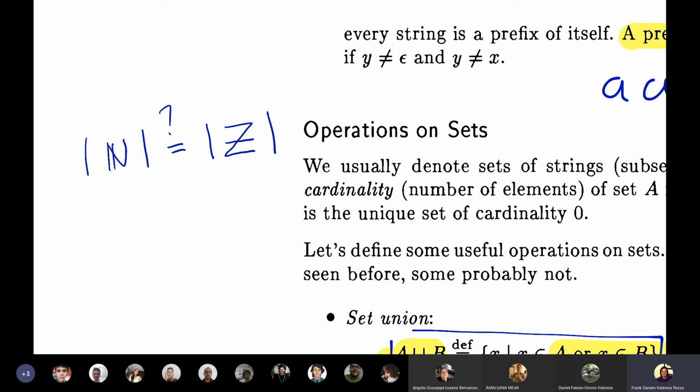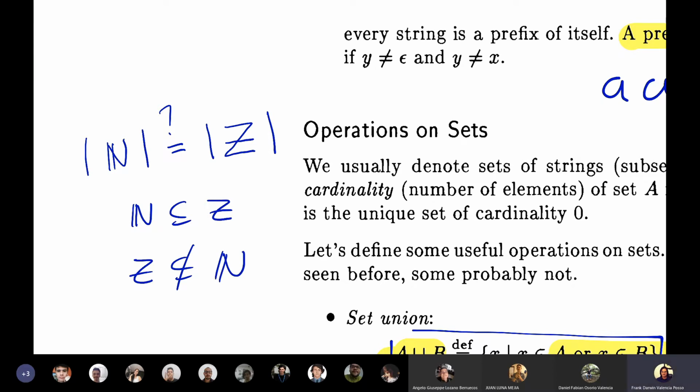When you have infinite sets, then you cannot count them anymore. So you need to come up with a notion to say which sets have the same number of elements as another set, or whether a set has fewer elements, even if they are both infinite. So you take the natural numbers and the integers. You of course know this, but we don't have this, right?